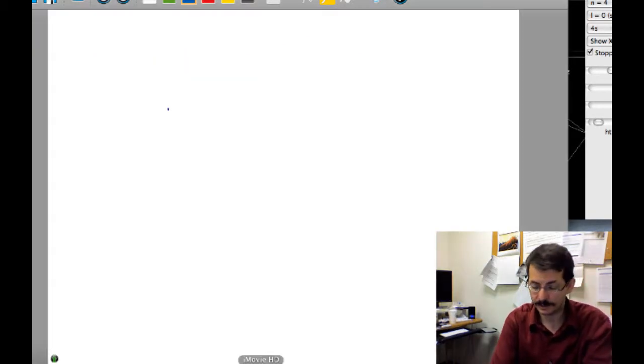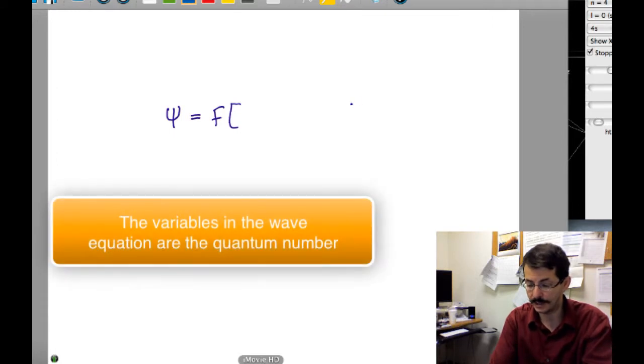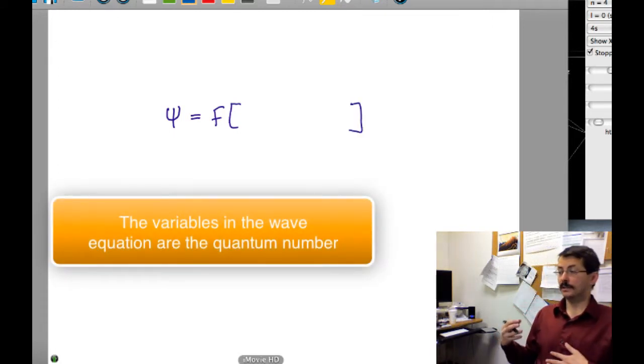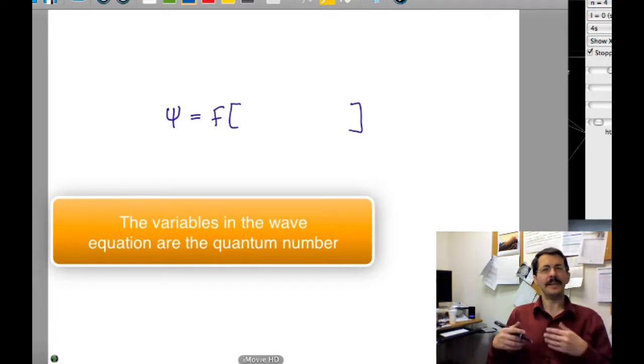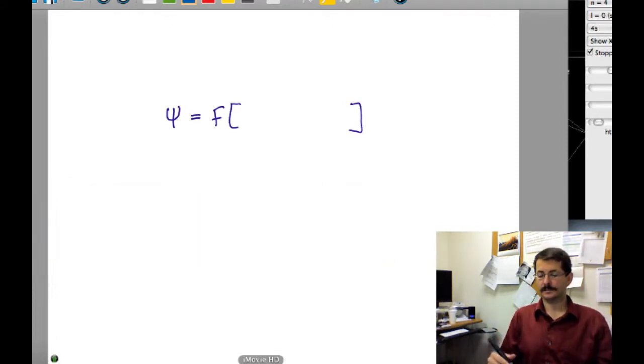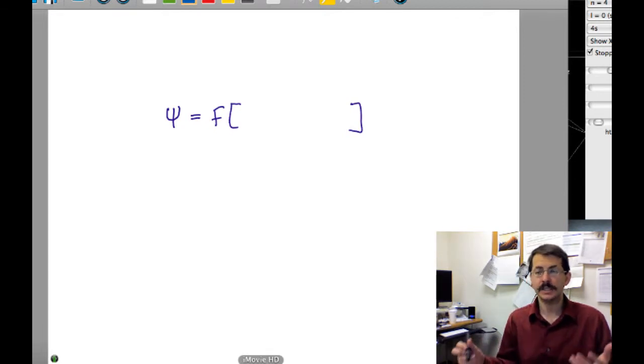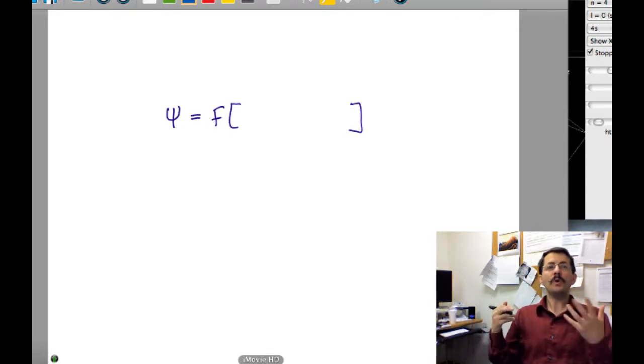This wave equation, often given the symbol psi, when you solve it, it turns out to be a function of a number of different variables. And these variables, we've actually seen some of them before, and they each have a consequence. So the wave equation relates to the energy, but there's a more useful bit of information that comes out of it.